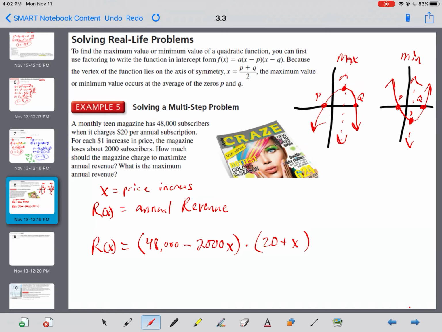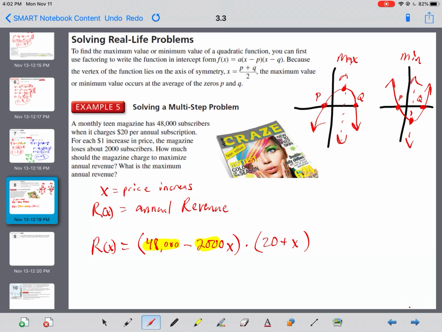They actually do this in a very interesting way. They say, okay, well, look at these guys and look that they have a common factor, right? A common factor of 2,000 that we could pull out of there.